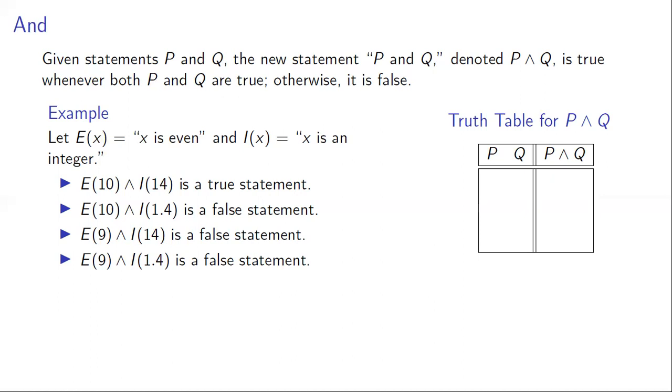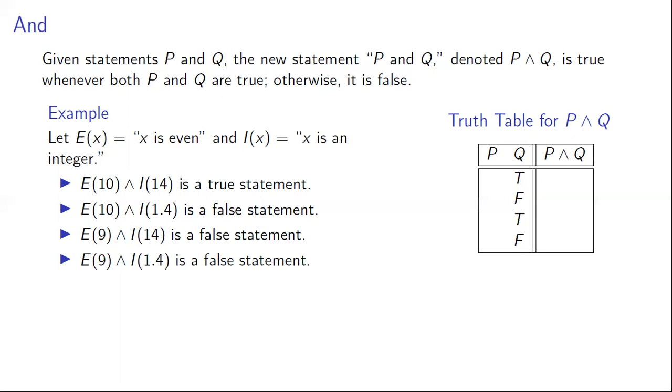So the way we ensure that we cover all possibilities, the way I do it and the way the book does it, is as follows. We start with the rightmost one, meaning Q. We could start with P, but the convention is to start from Q. And we write true, false, true, false, so alternating true and false.